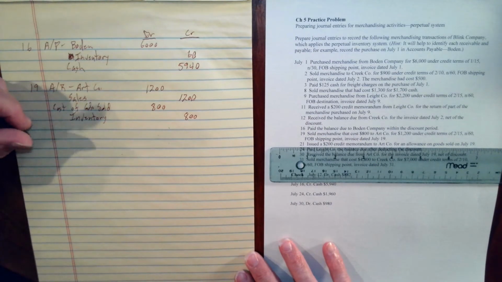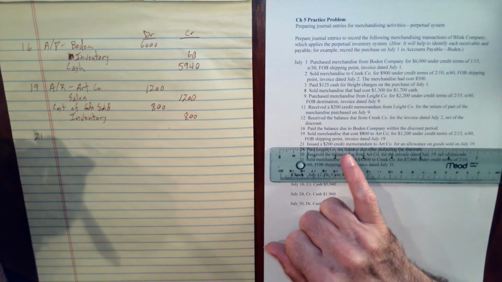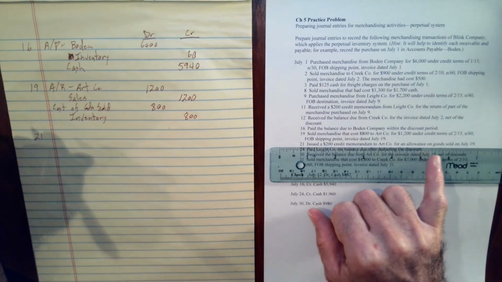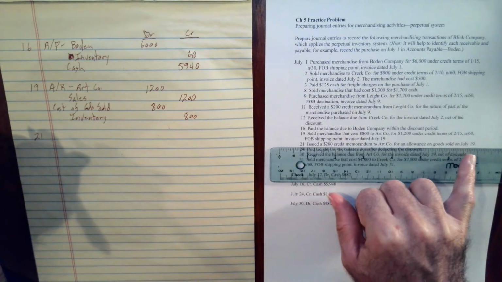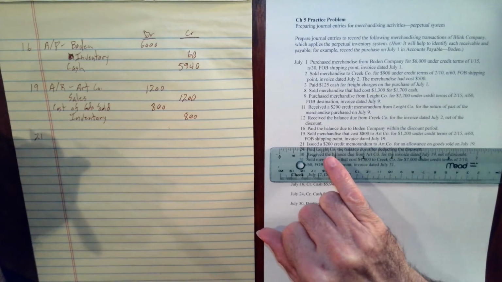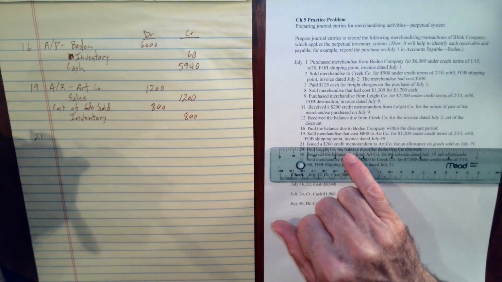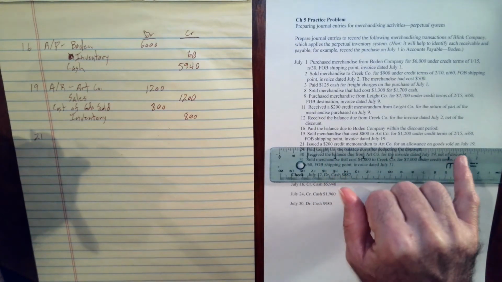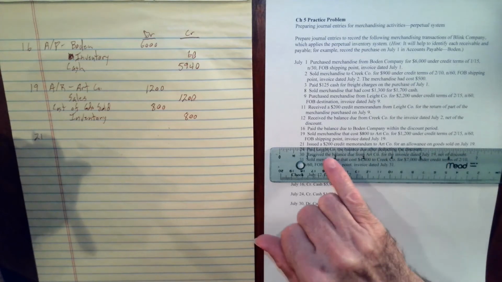On the 21st, we issued a $200 credit memo to Art Company for an allowance on goods sold on July 19. So did they return anything with this particular transaction? Does it say anywhere that it was returned?